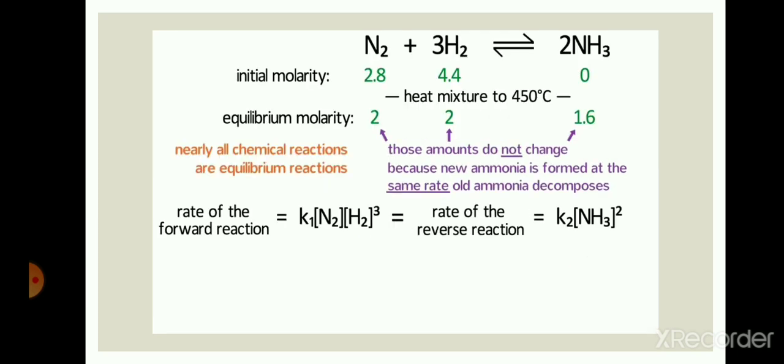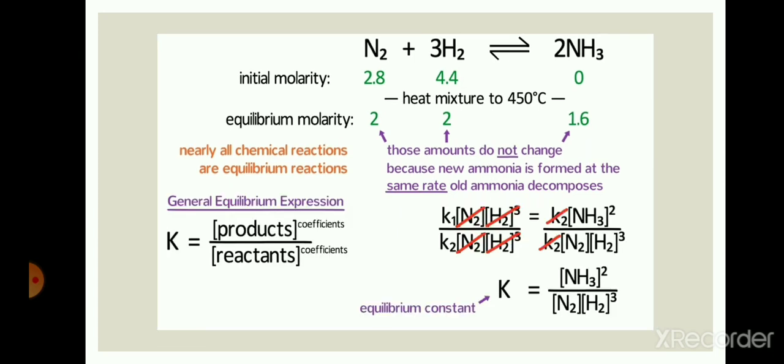If I divide both sides of the equation by k2[N2][H2]^3, on the left side [N2] over [N2] cancels out, as does [H2]^3 over [H2]^3 on the right side. k2 over k2 cancels out. That leaves me with k1 over k2 equals [NH3]^2 over [N2][H2]^3.